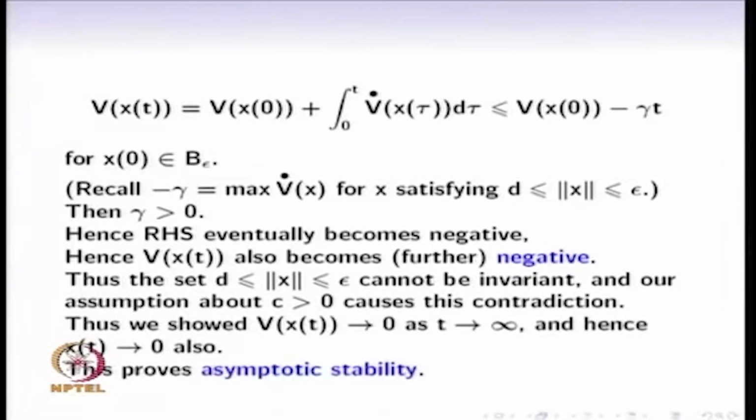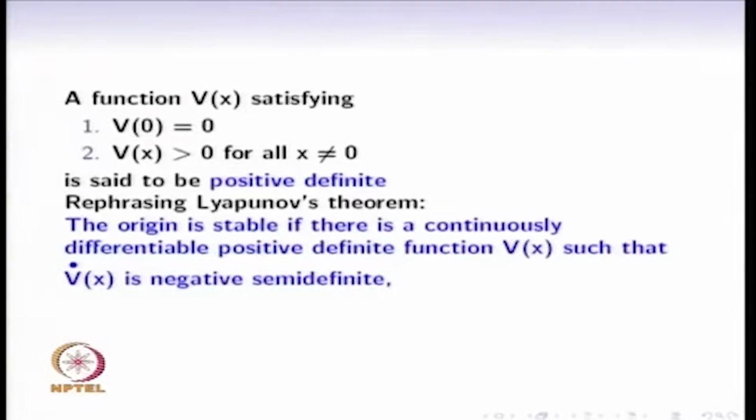So, since c greater than 0 has been ruled out, we have now concluded that v of x of t converges to 0 as t tends to infinity, and hence x of t converges to 0 also. This proves asymptotic stability. So this completes the proof of Lyapunov's theorem on stability and asymptotic stability.